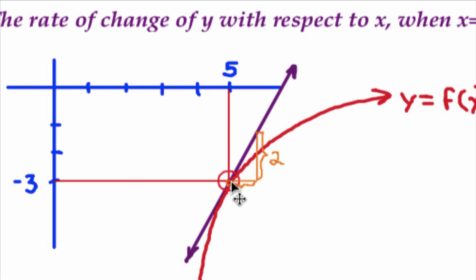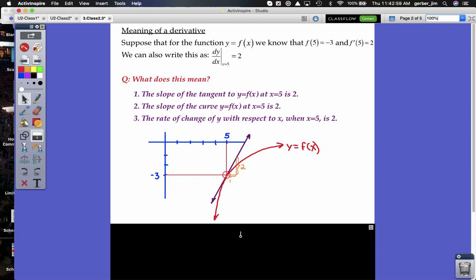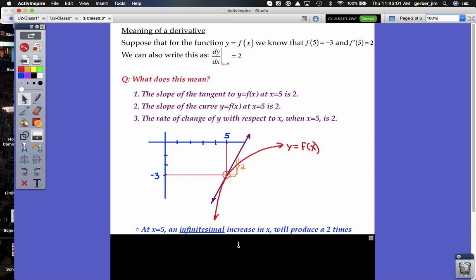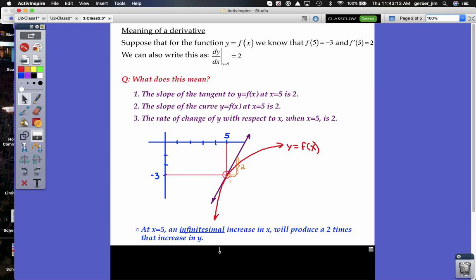Well, if I go over 1 pixel, then the curve and the tangent line are going up almost exactly the same amount, 2 pixels. And so the way I can say this is that at x equals 5, a very small increase in x, which we call an infinitesimal increase in x, an infinitely small increase in x, will produce 2 times that increase in y. Notice the difference. I'm not saying that it will produce an increase in y of 2.